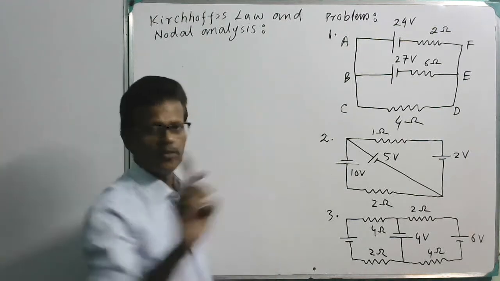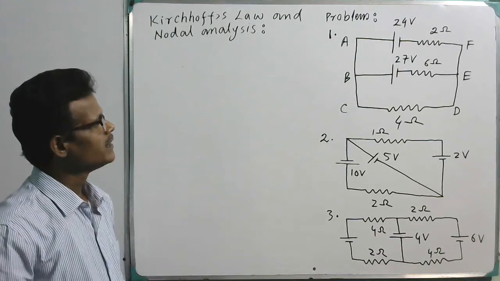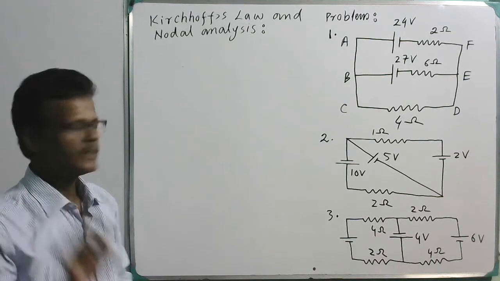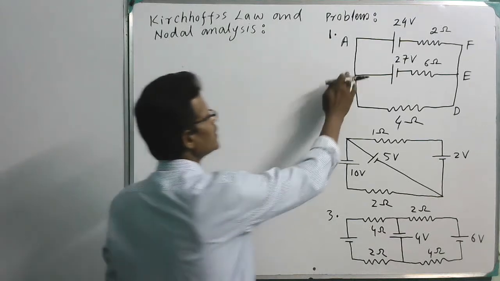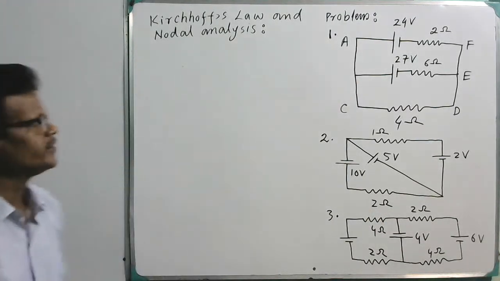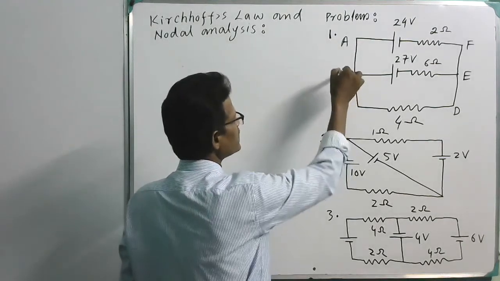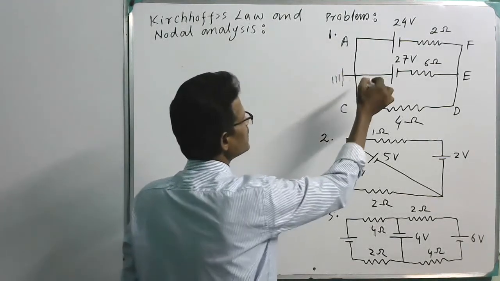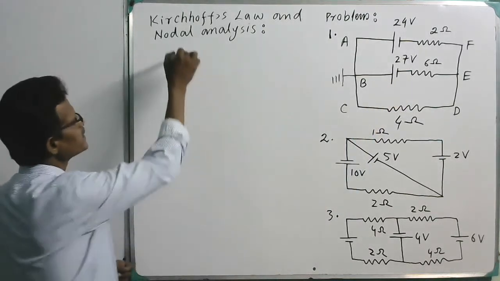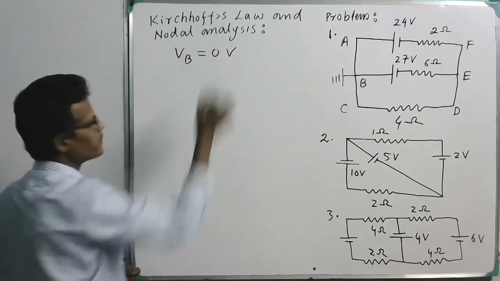Any one node or junction can be grounded, but you must choose wisely to save your time. See, if I ground this point, that B point, so that VB equals 0 volt.